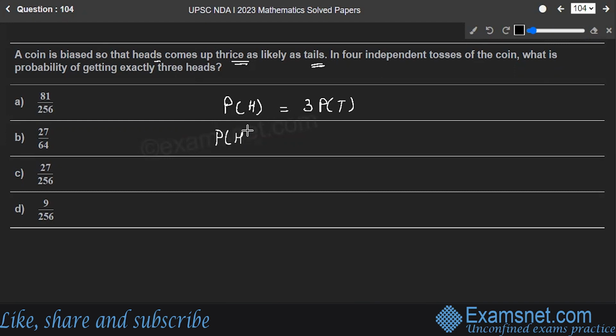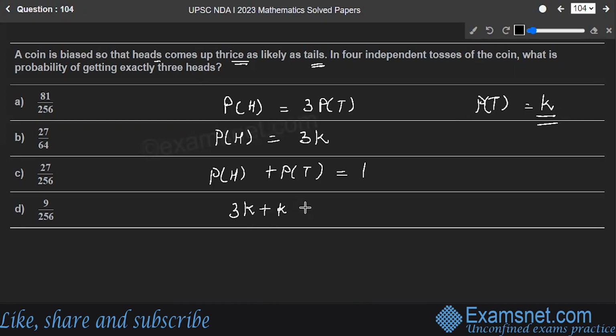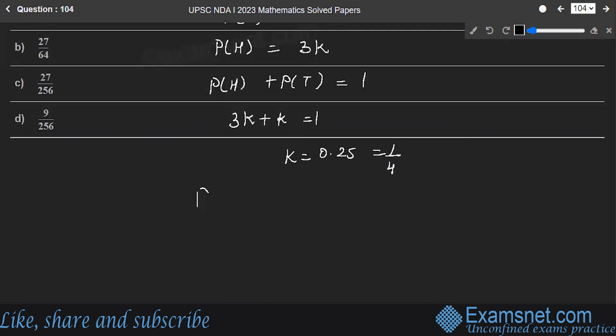So let the probability of getting a tail be K, so P(H) is 3K. We know that P(H) plus P(T) is equal to 1. That means 3K plus K is equal to 1, or K will come out to be 1 by 4. So the probability of getting a head is 3 by 4 and a tail is 1 by 4.